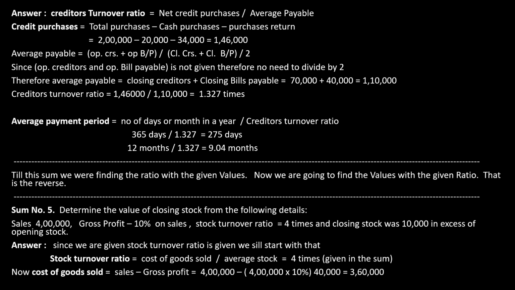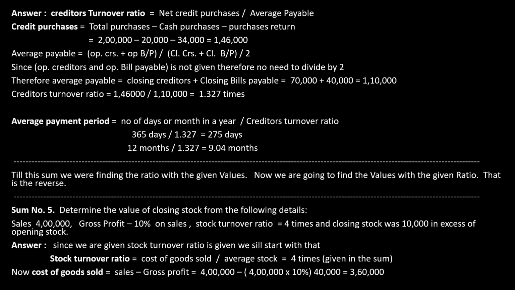Average payable, I told you. Here also, whenever you say average, you will have opening and closing together and divide by 2. Here, opening creditors and opening bills payable, and closing creditors and closing bills payable, the whole divided by 2 will give you average payable. I told you in the previous sum itself, if you don't have the opening balances, the closing alone will be the average.